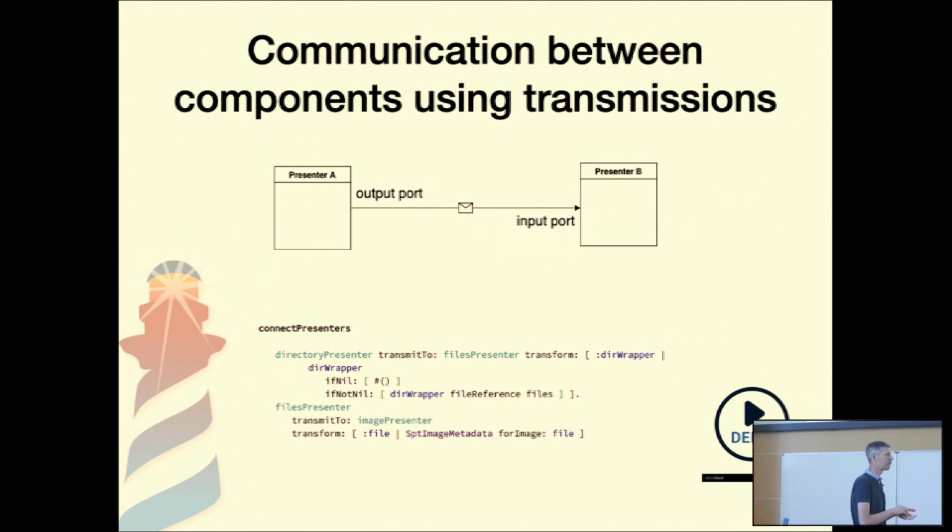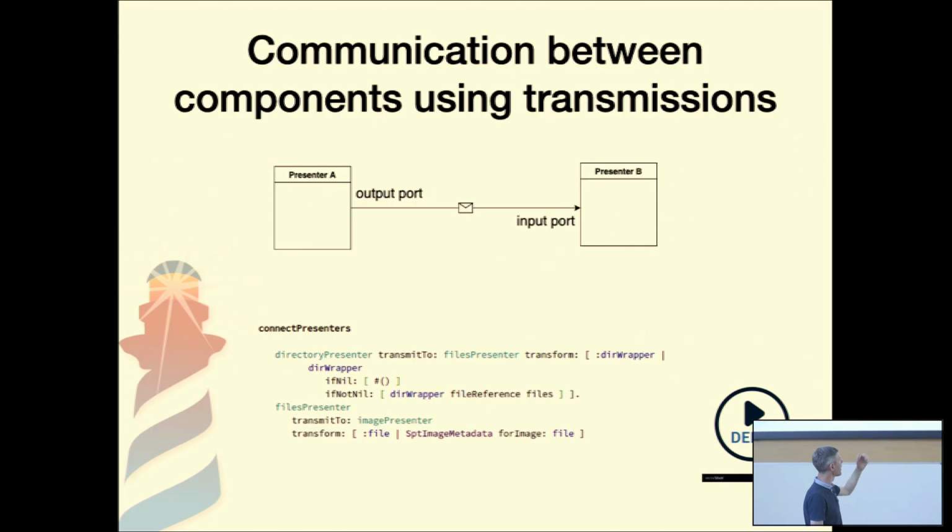I just want to transform it. So I can define a block. What I will get is a directory wrapper. On this wrapper, I will grab the file reference, and I want to get files from it. So when I will select a directory on the directory presenter, I will automatically get a collection of files transmitted to the files presenter.